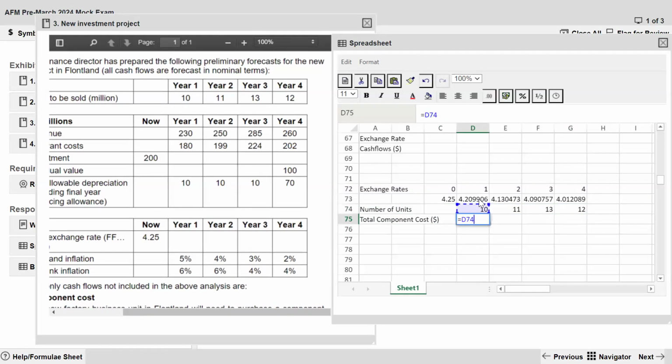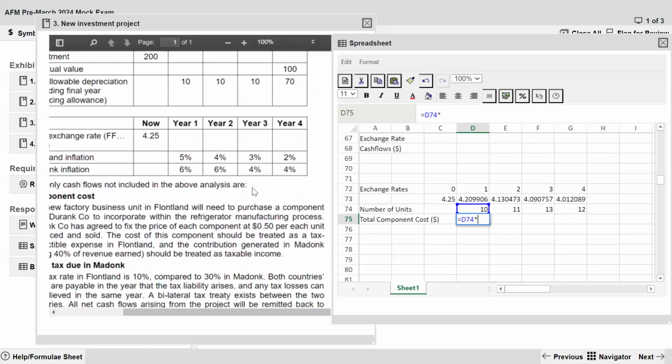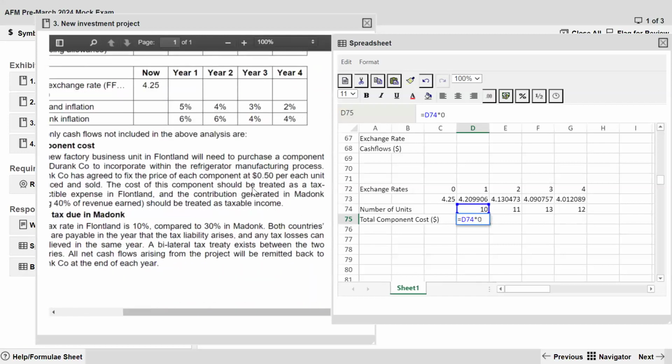Total component cost is going to be this multiplied by the unit cost. Now component cost in terms of FF is going to be this multiplied by the exchange rate.